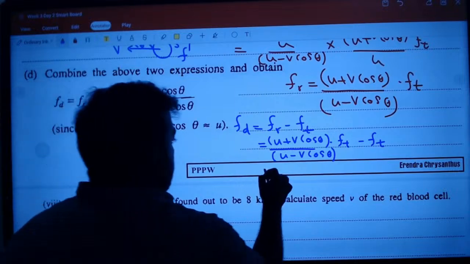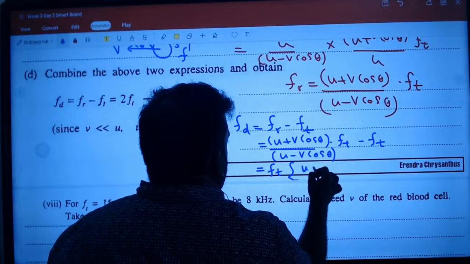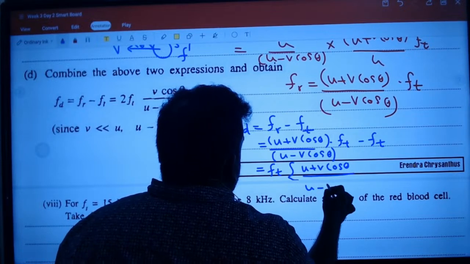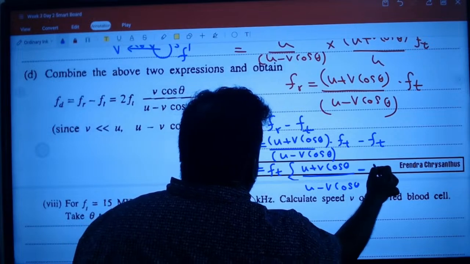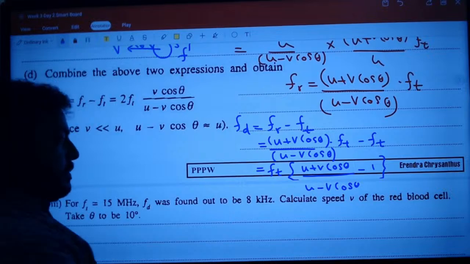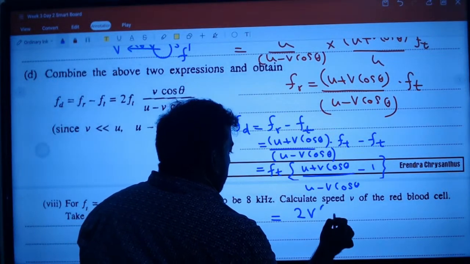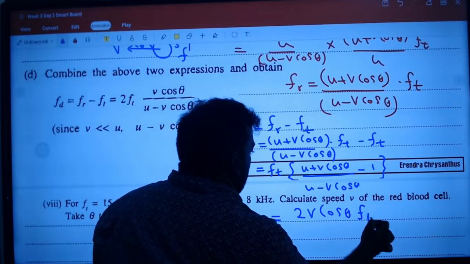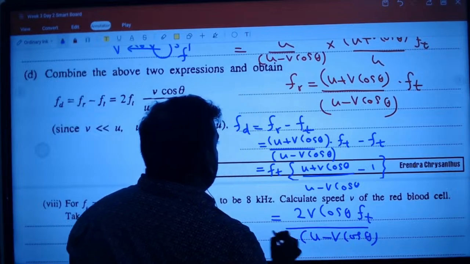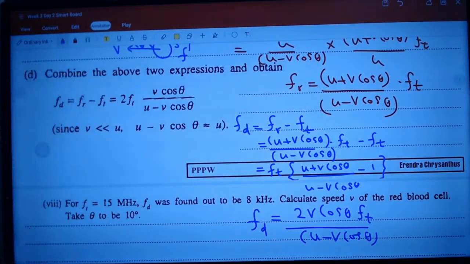Common terms take it out: ft times u plus v cos theta divided by u minus v cos theta, minus 1. If I cross multiply, u plus v cos theta minus u plus v cos theta gives 2v cos theta, so fD equals 2v cos theta ft divided by u minus v cos theta. This is your Doppler effect.